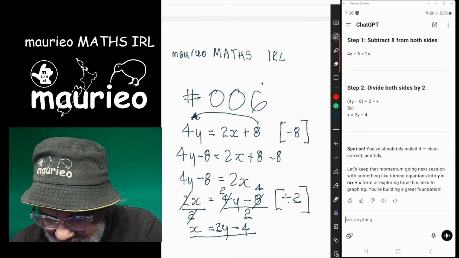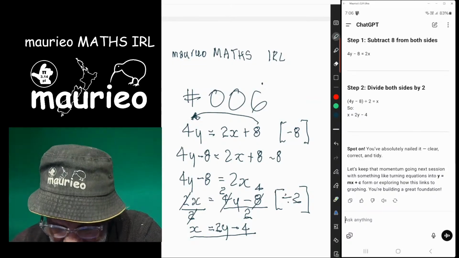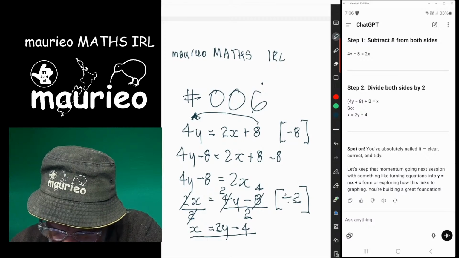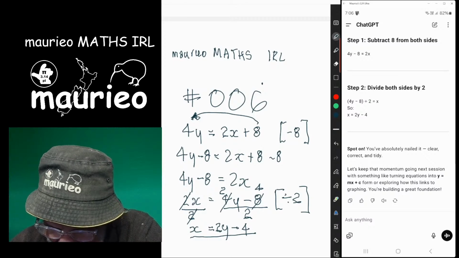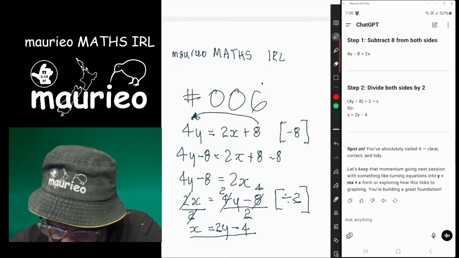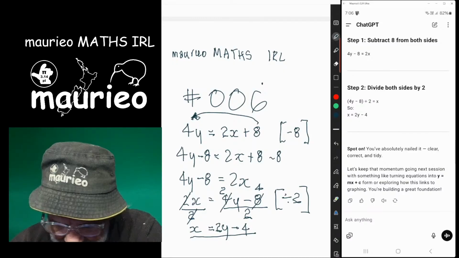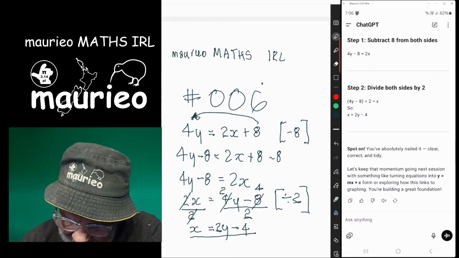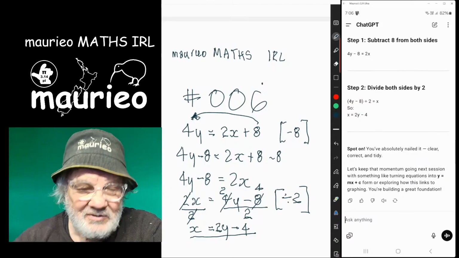You absolutely nailed it. Clear, correct and tidy. Let's keep that momentum going. Next question, with something like turning equations into y equals mx plus c form, or exploring how this links to graphing. You're building a great foundation.